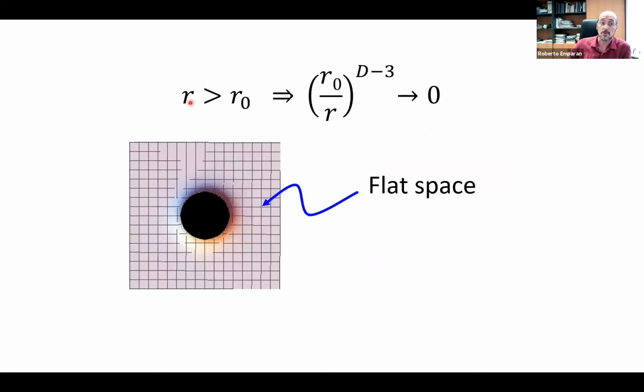More explicitly, what you see is that when R is strictly larger than R naught, this potential goes to zero as D goes to infinity, which means that you recover flat space away from the horizon.